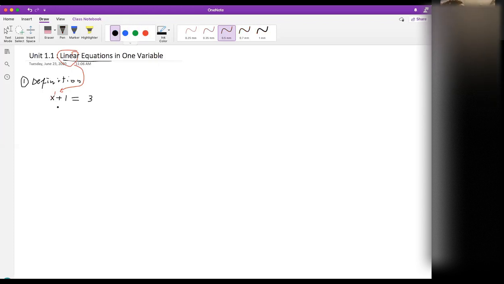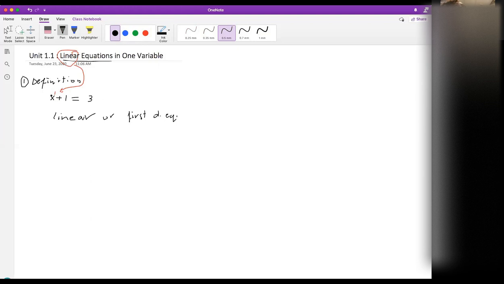Either linear or first degree equation. Okay, so it's all about the power.